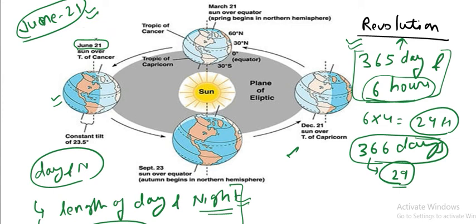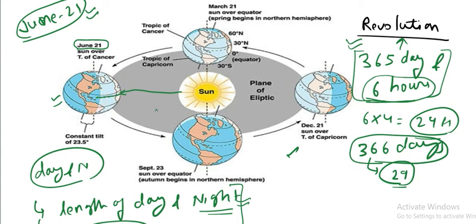On this day, the sun rays vertically fall on the Tropic of Cancer. This dotted line is the Tropic of Cancer.